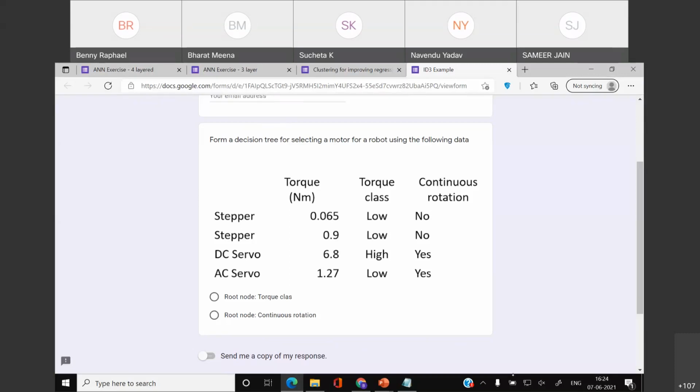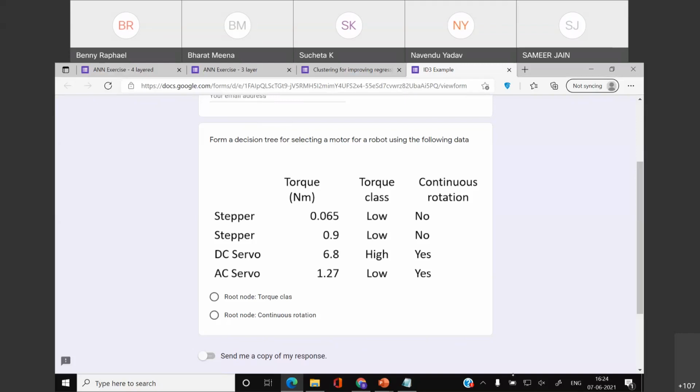Right. Okay, so now let me look at your answers. The answer is split into almost equal halves. 56% say the root node should be the torque class, and another 43%, slightly less, say it should be continuous rotation.